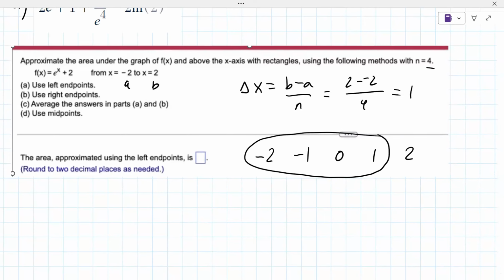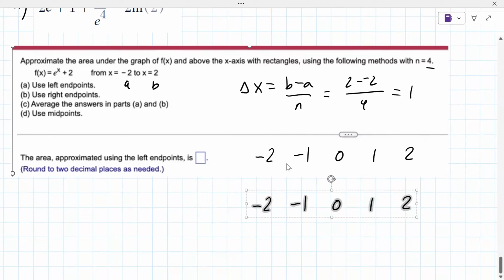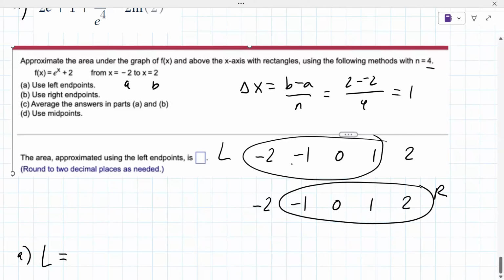I'm going to copy this because we need this a couple times here. So for the left endpoints, you use these values. For the right, you use these values. So in part A, the left sum is the delta x value, which is 1, times f of negative 2 plus f of negative 1 plus f of 0 plus f of 1.